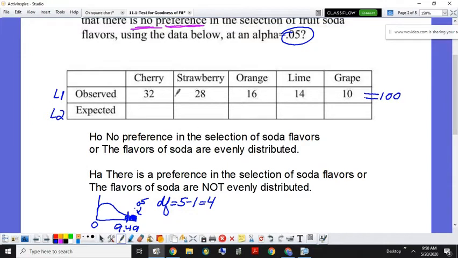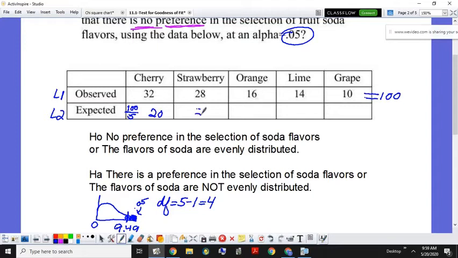If they were evenly distributed, then these should all be the same. If there was no preference between grape and lime, they should have the same amount of people. So your expected in this problem, you have to think this through every single time, is 100 people divided by 5 categories. So your expected is 20.